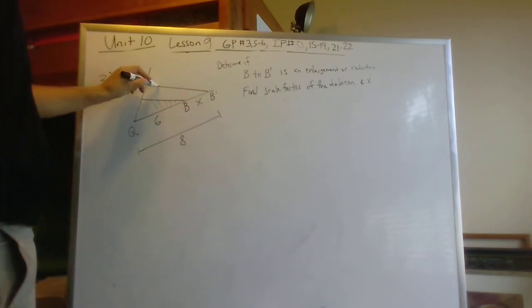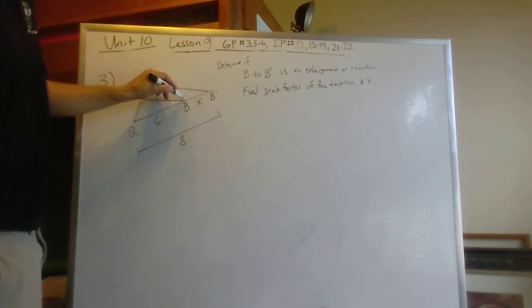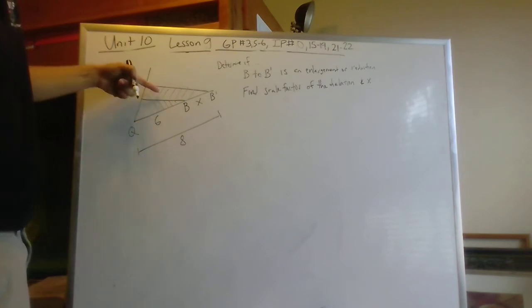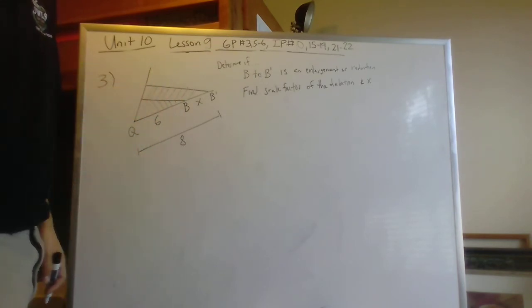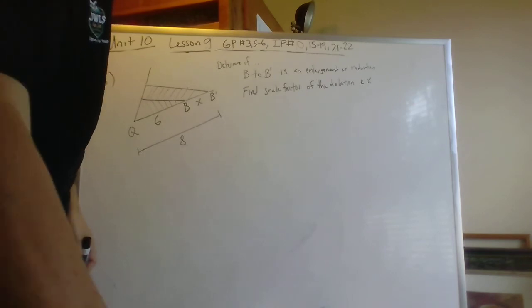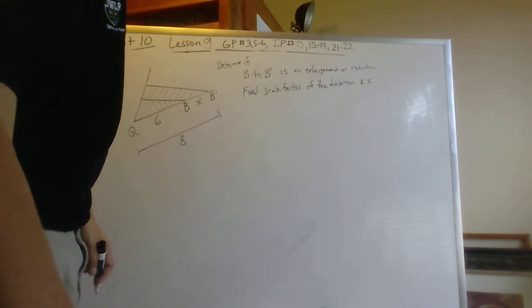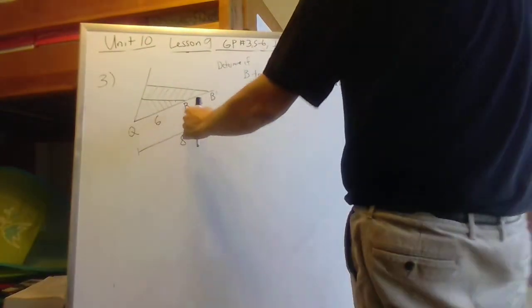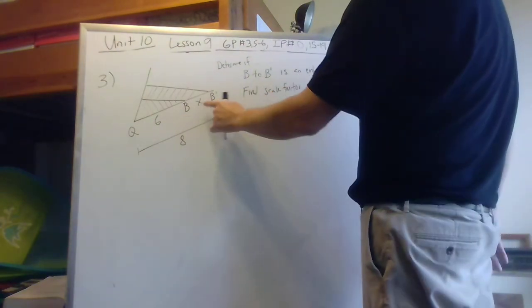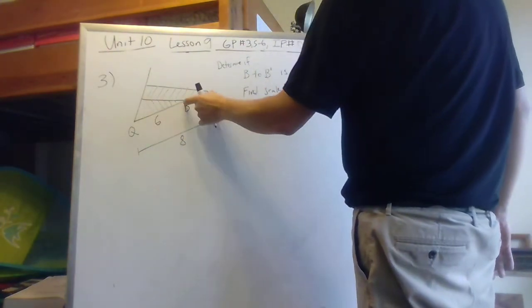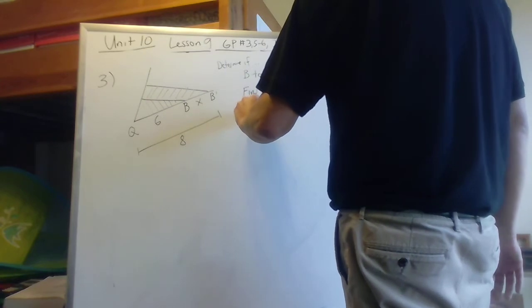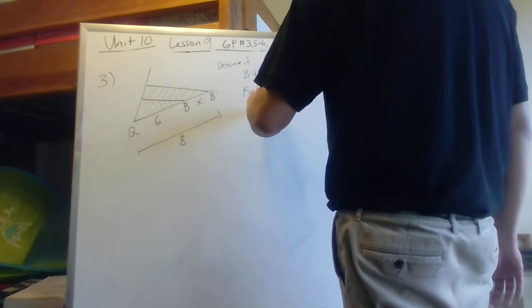So it includes this entire area plus this portion right here. It wants to know if this is a reduction or an enlargement. From B to B prime, this triangle gets larger. So that's going to be an enlargement.